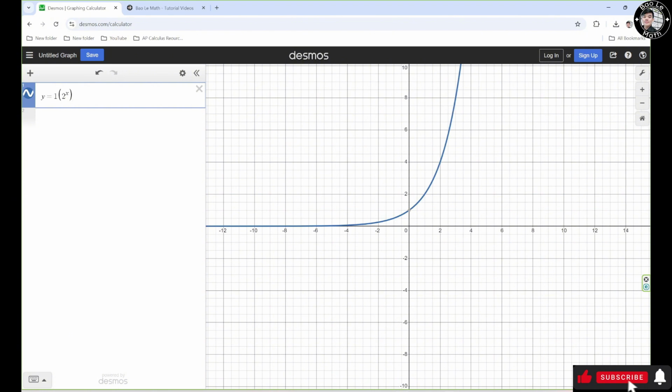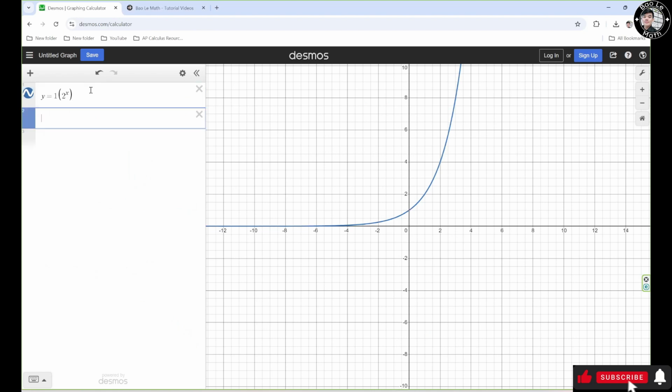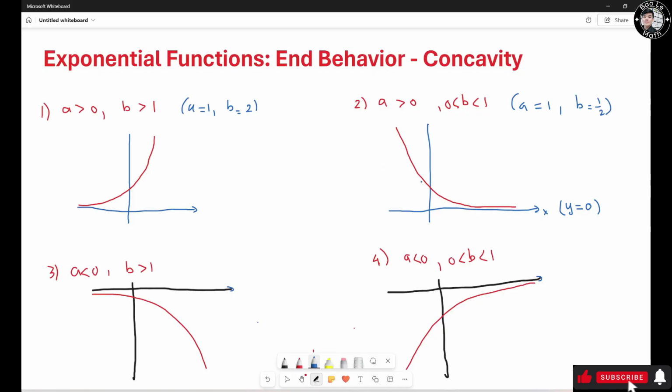It's going to be like this. Now the second case, I'm going to let a equal 1, but b equal 1/2. So let's see how it looks. y equals 1 times 1/2 to the power of x. It's going to be like this. So look, it looks exactly the same as this one right here.